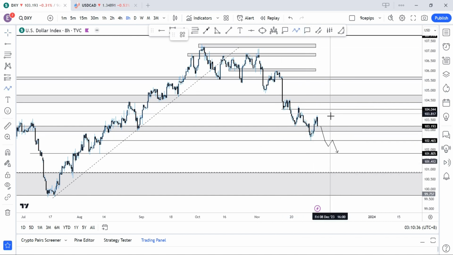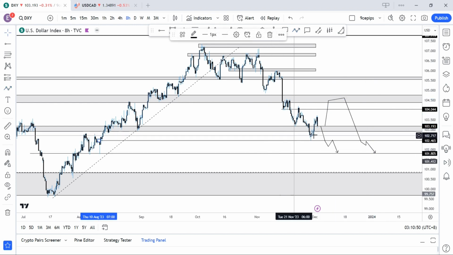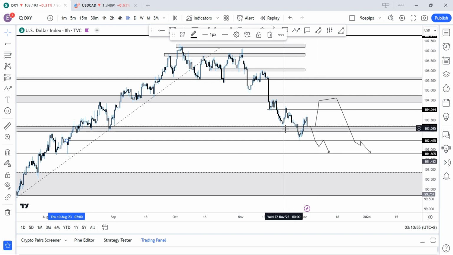Or we could get a pullback from these regions to 104, possibly 104.50, and then reject these regions, and then we can get a pullback to these regions, probably break, retest, continue to the downside. So we might get a direct bearish movement on DXY coming into the week, or we could just get a pullback from these regions.